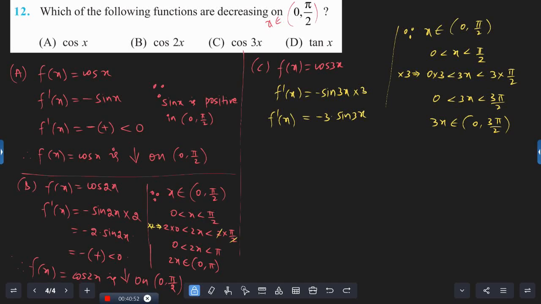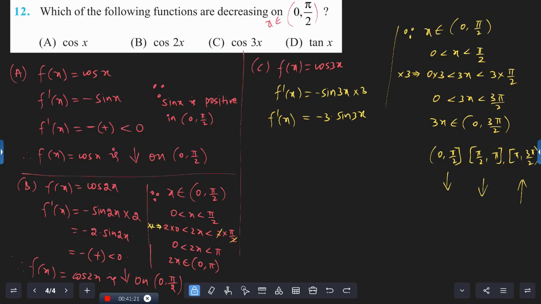We can split this into 3: 0 to pi by 2, pi by 2 to pi, and pi to 3 pi by 2. Here decreasing, we have done already. Yes, so this is decreasing. This is also decreasing.